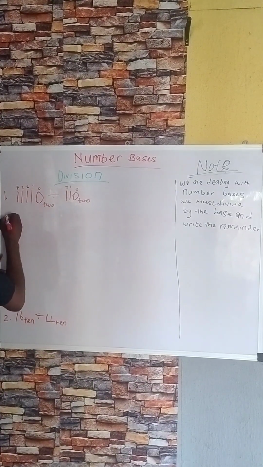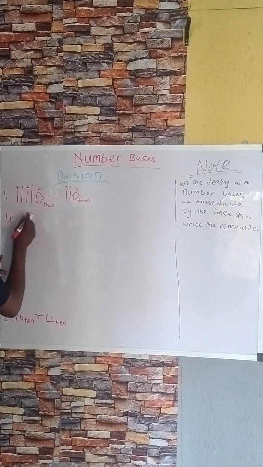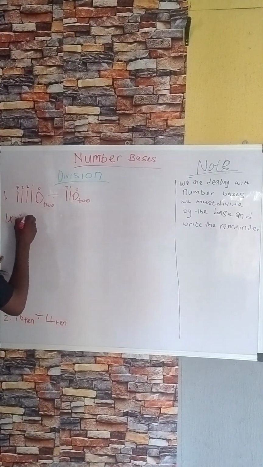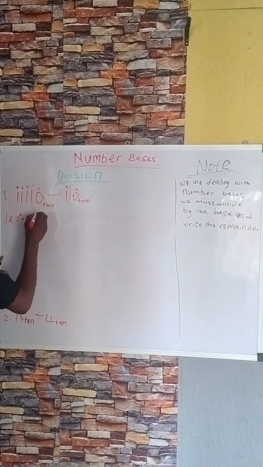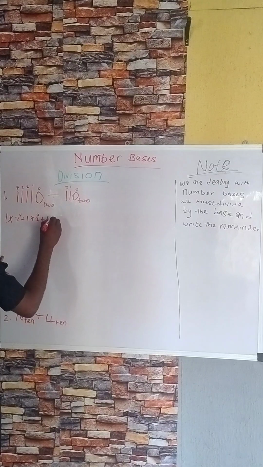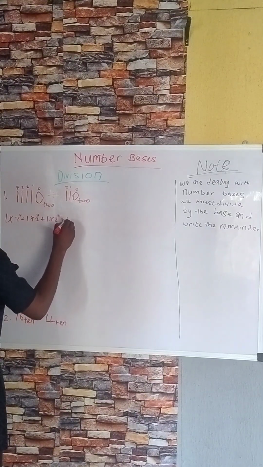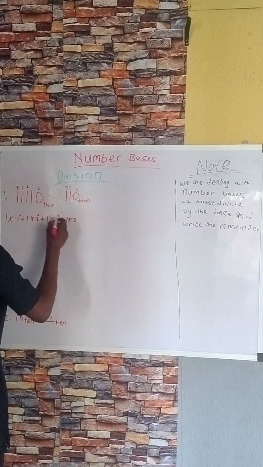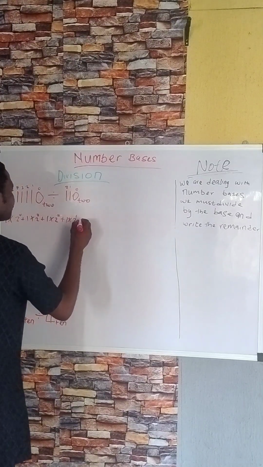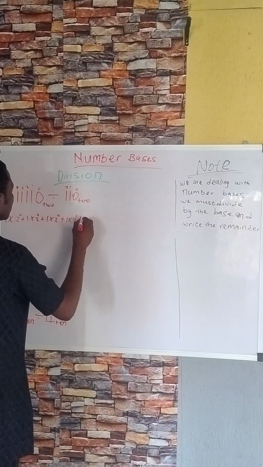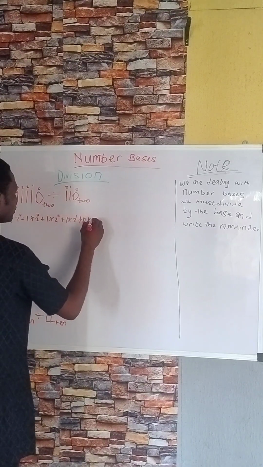So this is 1 multiplied by base 2 raised to the power 4, plus 1 multiplied by base 2 raised to the power 3, plus 1 multiplied by base 2 raised to the power 2, plus 1 multiplied by base 2 raised to the power 1, plus 0 multiplied by base 2 raised to the power 0.